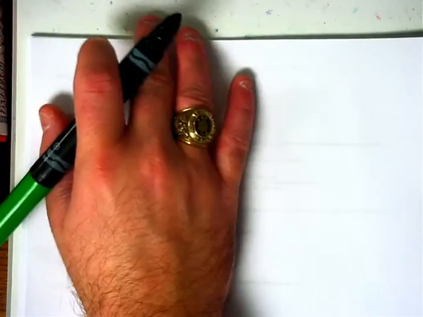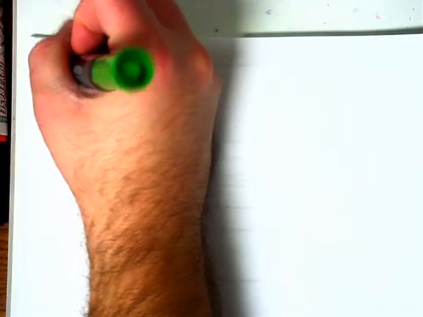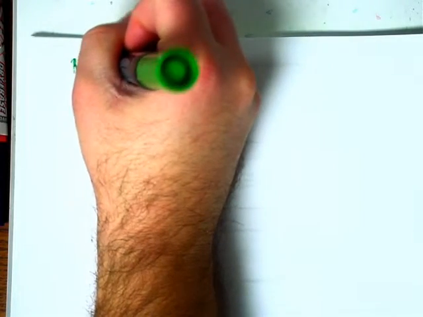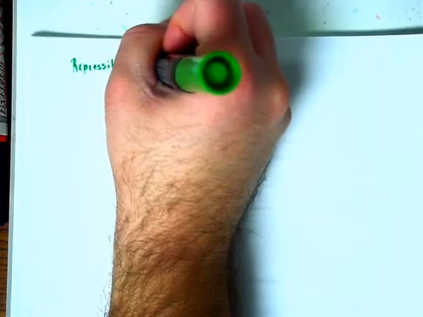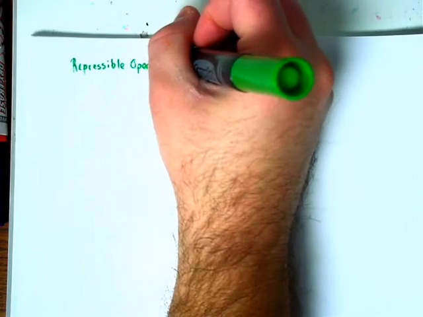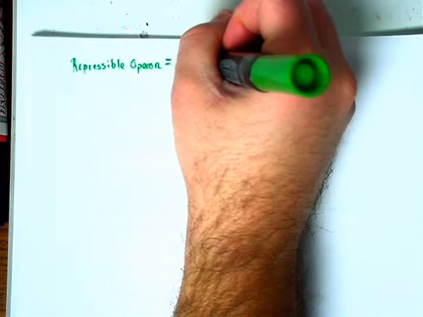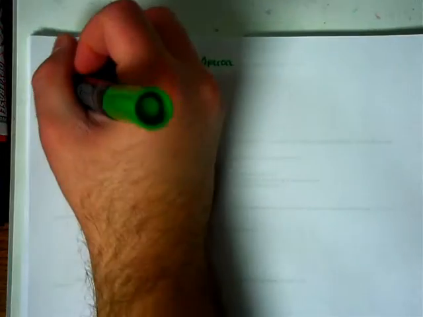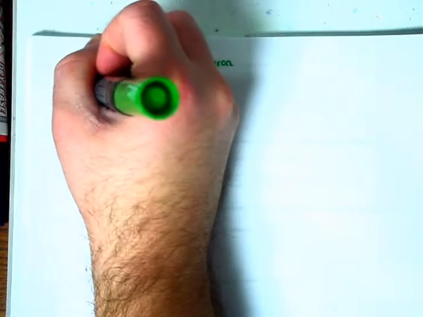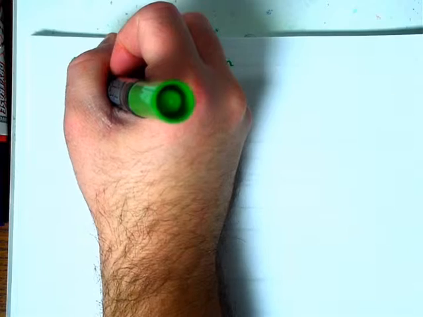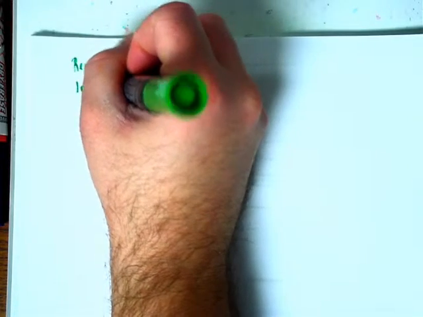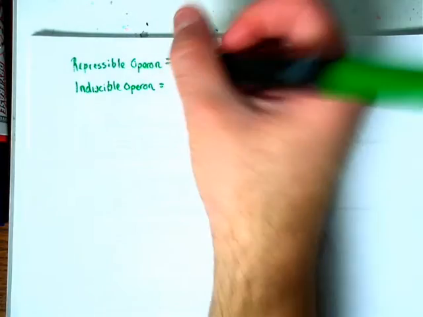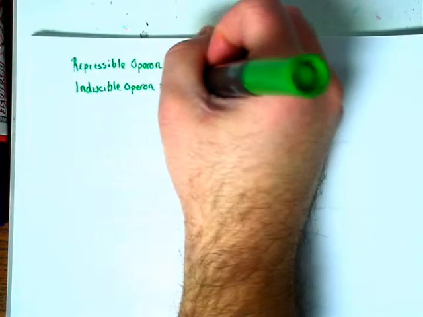So we've already talked about a repressible operon in the tryptophan. So there's a tryptophan operon. And so now let's talk about an inducible operon, which would be like the lactose operon.